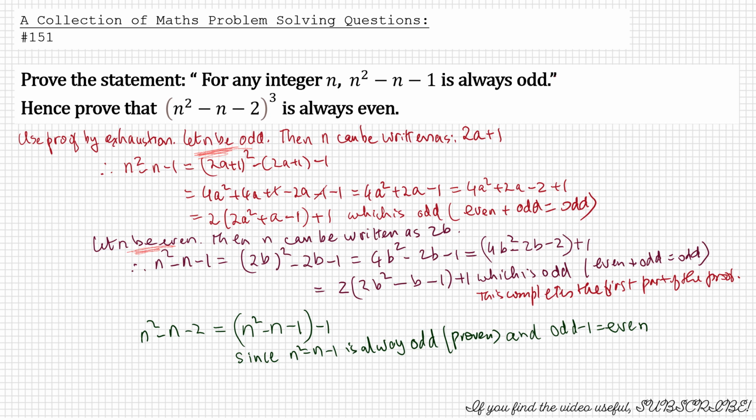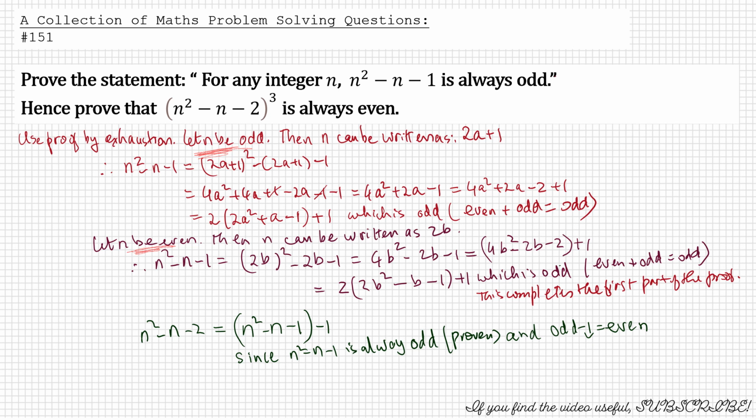So you can write that. Once we get that, therefore this number n square minus n minus 2 is even. I should say, instead of 1 I can always say odd, or maybe we keep it like that.